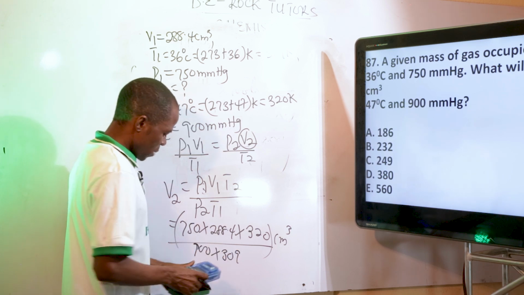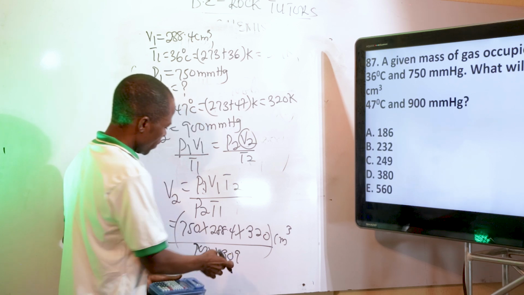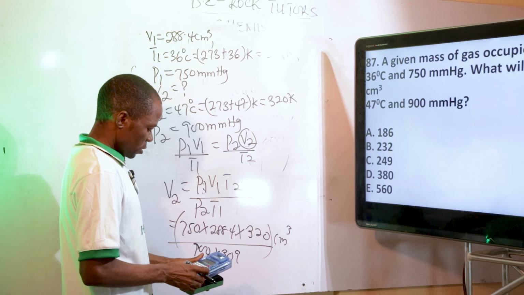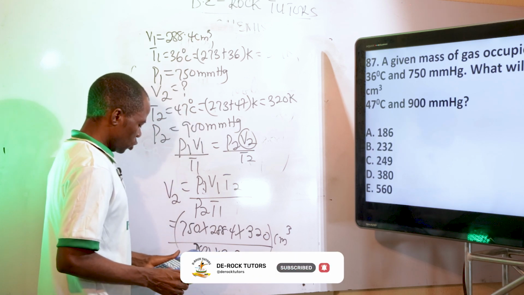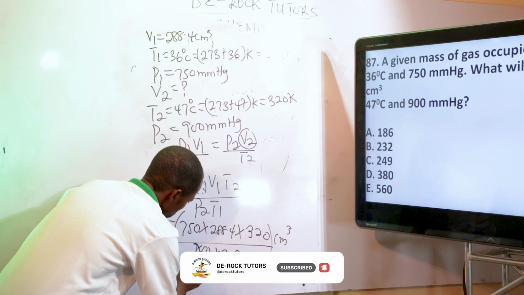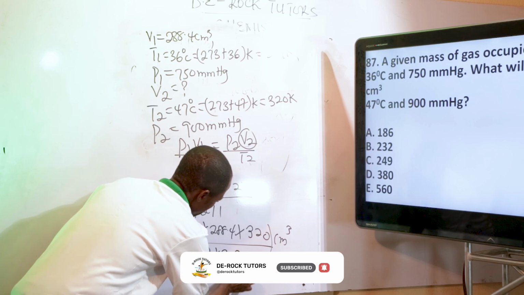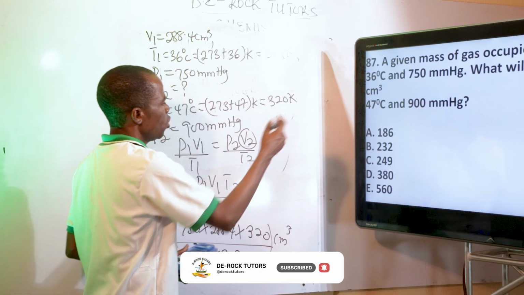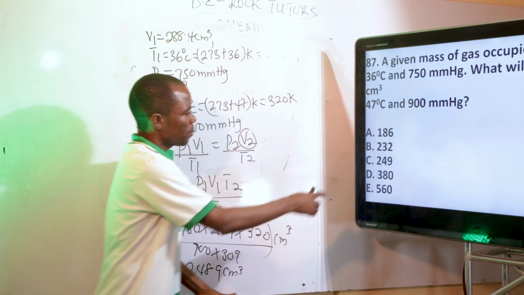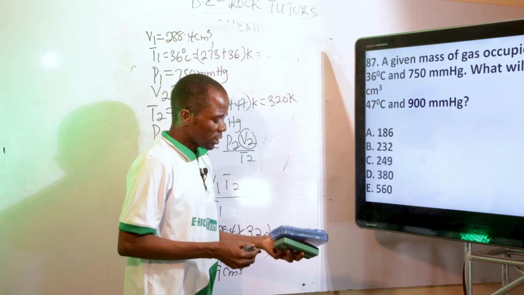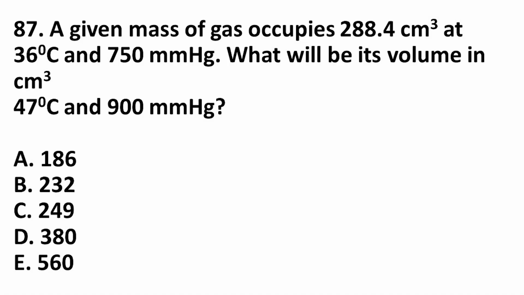Then we divide by 900, then we divide again by 309. And that is going to be 248.9 cm³. And if you look at the options now, 248.9 can be approximated to 249 cm³. So the correct answer is option C.